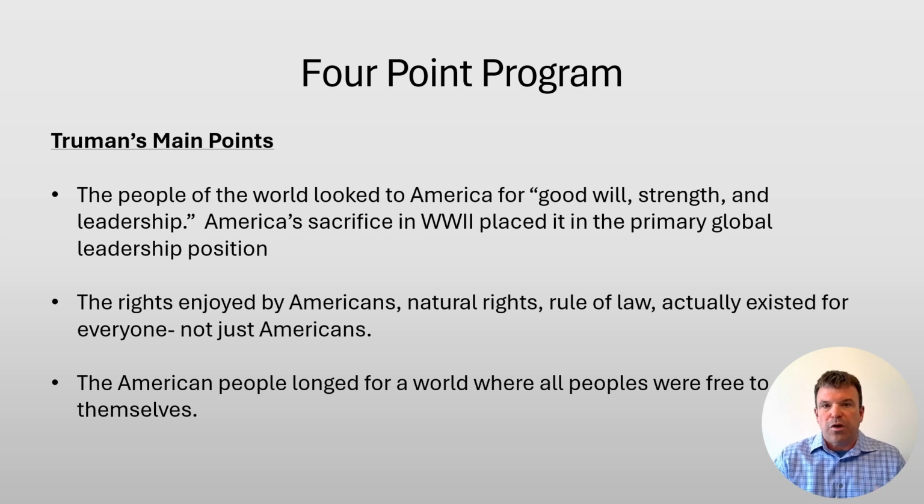So all peoples should be able to pursue those same initiatives and enjoy those rights that Americans enjoy. And the American people also longed for this. They wanted the world to be a globe of freedom and prosperity. So that was how Truman envisioned the initiatives for his 4-point program.